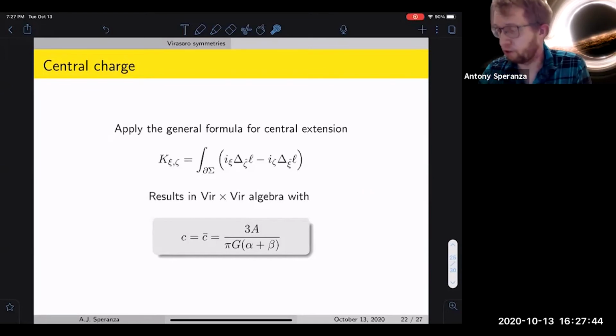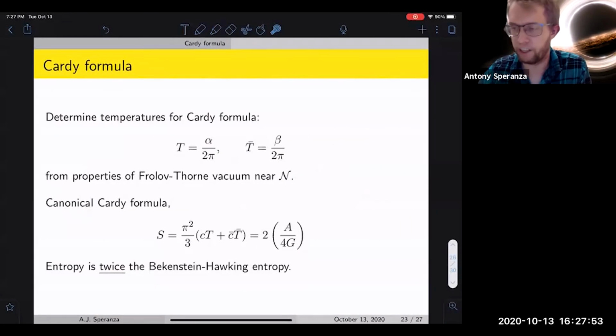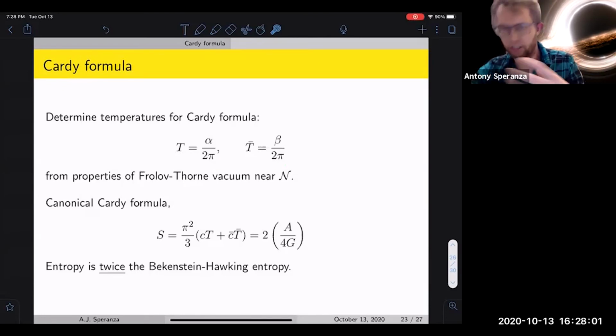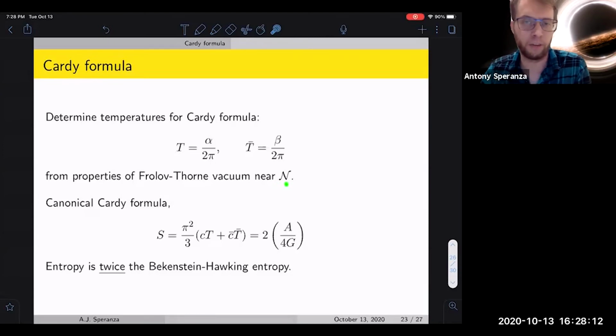Okay, so we're basically one step away from getting our entropy formula. What we have to do now is apply the Cardy formula, and this is where the choice of temperature is important. You can show that alpha and beta are literally just the left and right temperatures. You look at what this Frolov-Thorne vacuum is doing near the bifurcation surface, well, near the null surface, but really near the bifurcation surface.